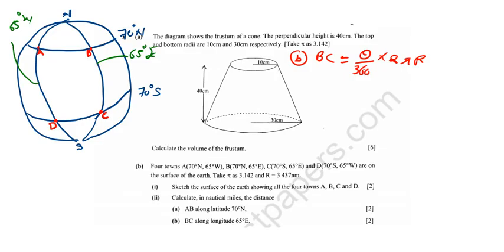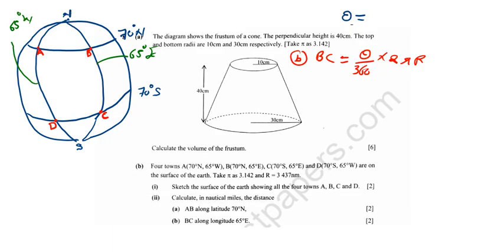So we say BC, where first we need to have a theta. Theta in our case is the difference of latitudes, since we are in the same longitude. So we get the difference of these latitudes where they are falling. The key point here is if they are in the same longitude, you get a difference in latitude.